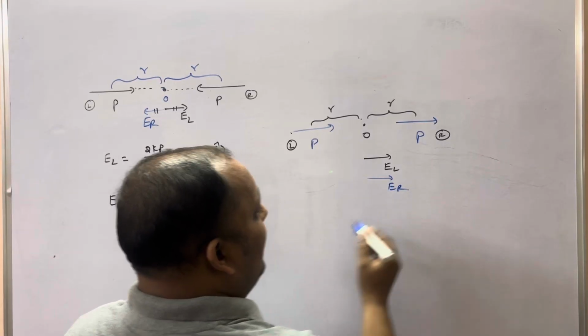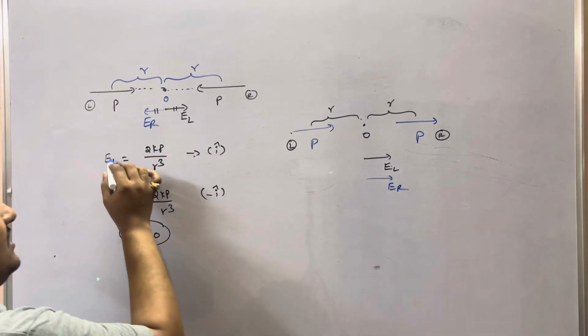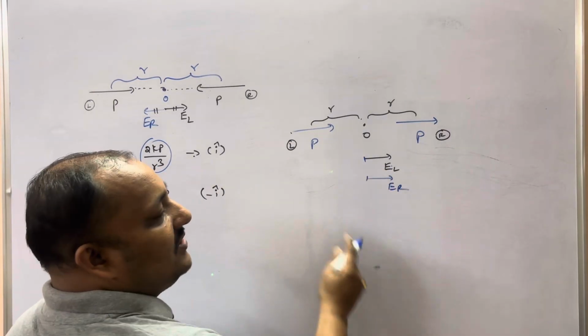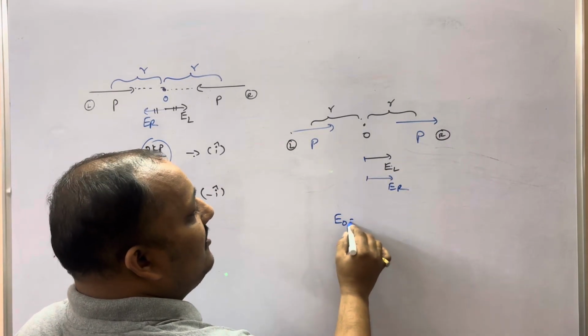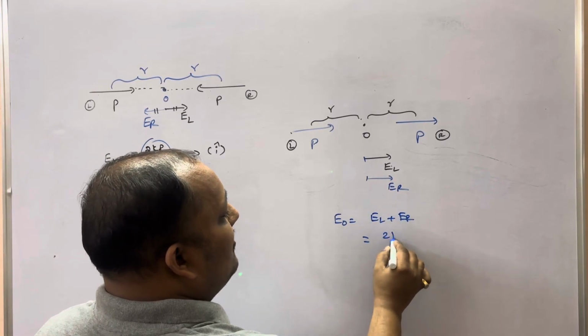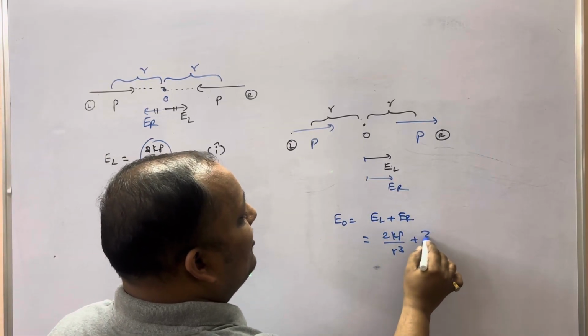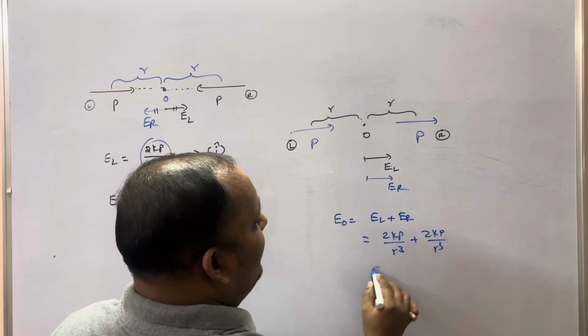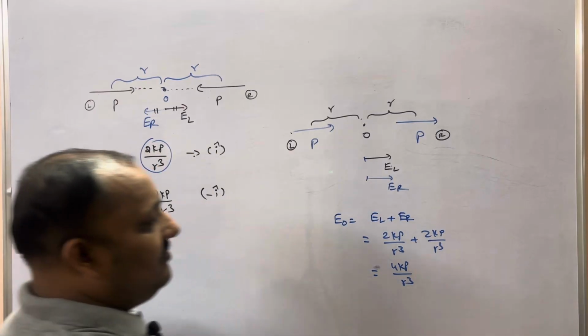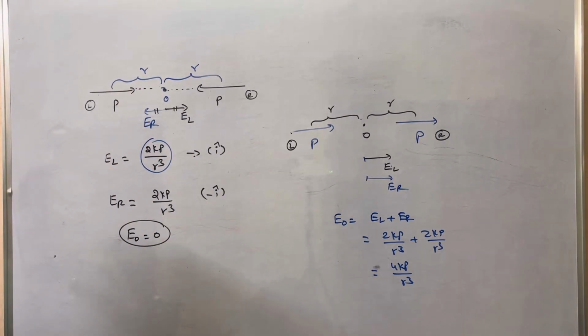Therefore, EL and ER are both the same and in the same direction, so you have to add EL plus ER. 2kp by r cube plus 2kp by r cube, what you will get? 4kp by r cube. Understood?